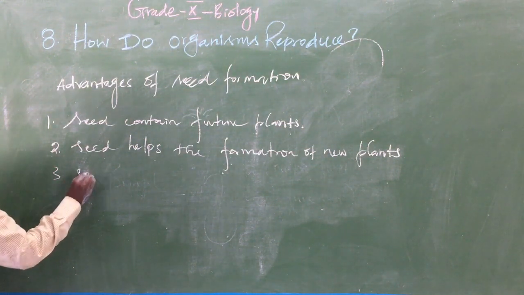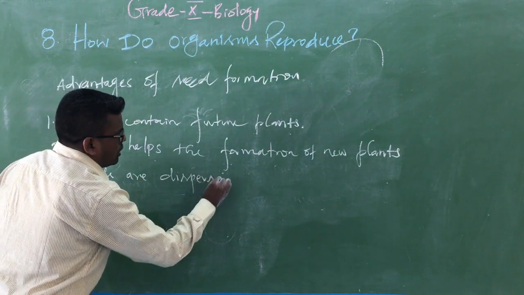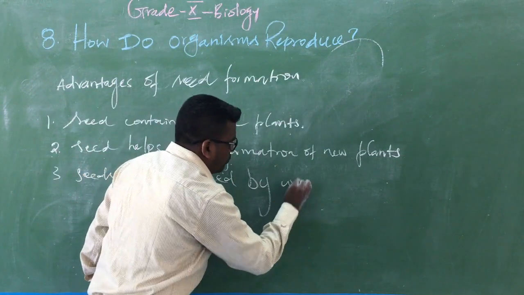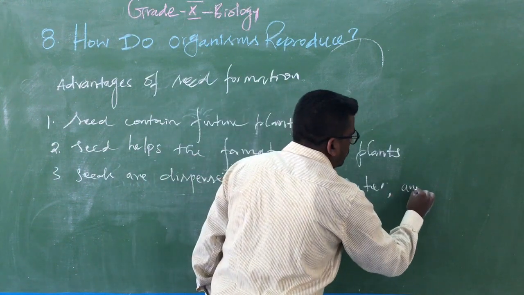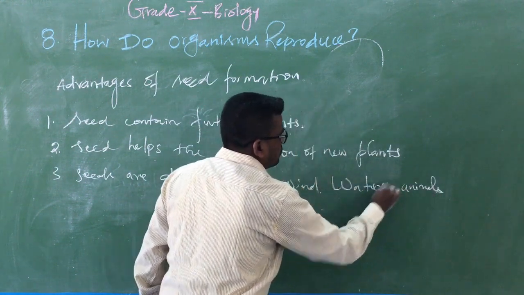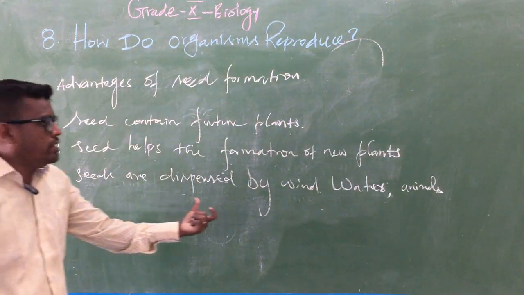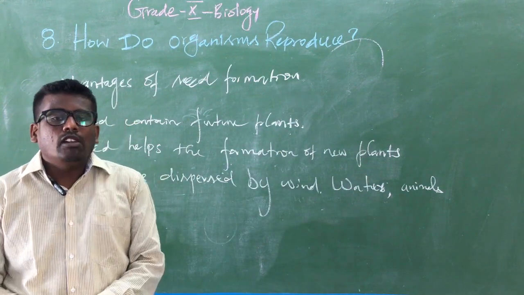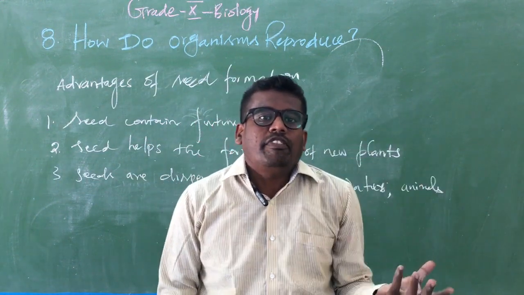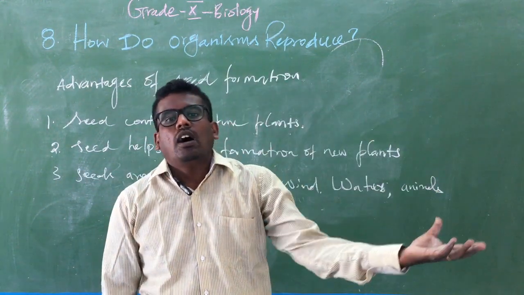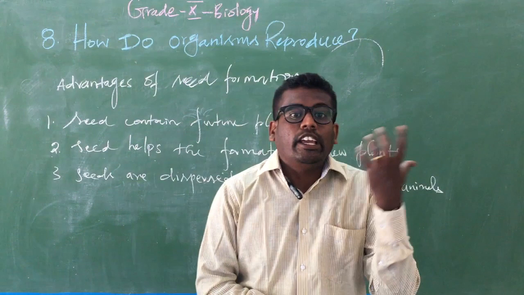And the seeds are dispersed by wind, water and animals. These carry the seeds from one place to another and help seed dispersal. Where the seed falls on soil, when favourable conditions come, it starts to grow into another plant, avoiding the extinction of plants.